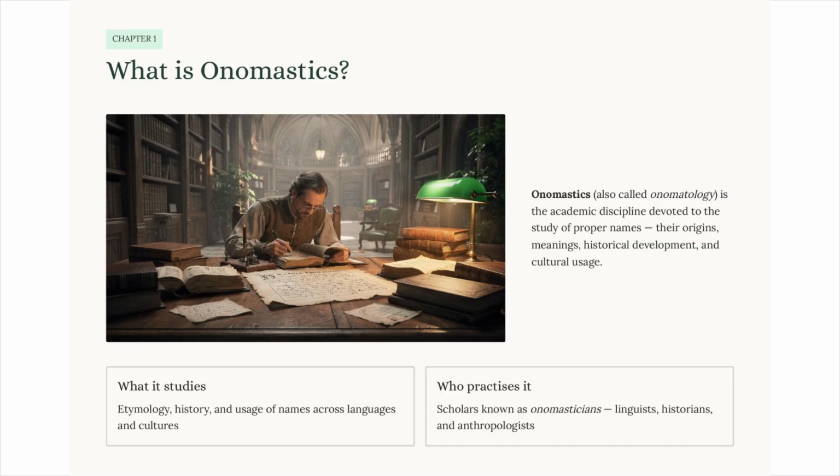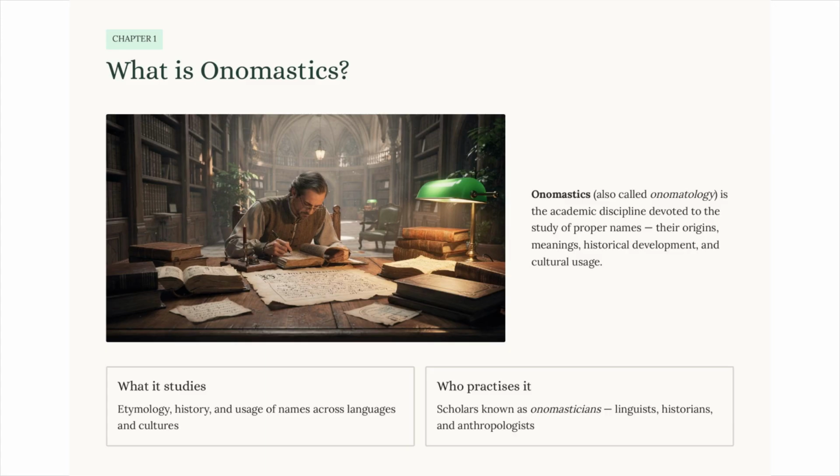Onomastics, also called onomatology, is the academic discipline devoted to the study of proper names. It examines their origins, meanings, historical development, and cultural usage. In other words, onomastics helps us understand where names come from, how they change, and what they reveal about different communities.